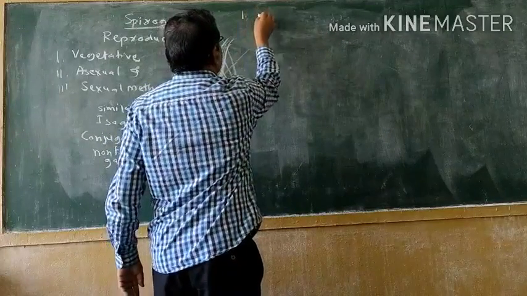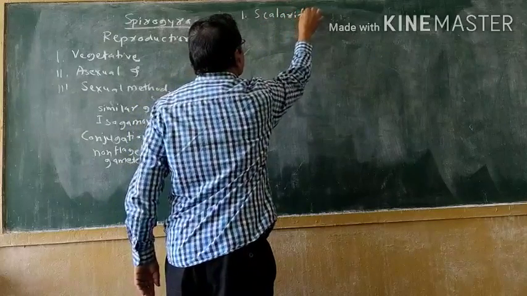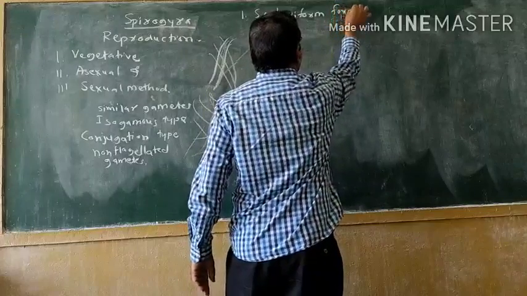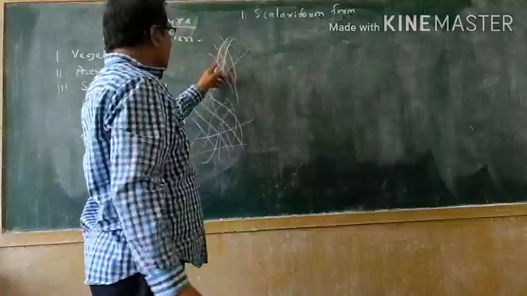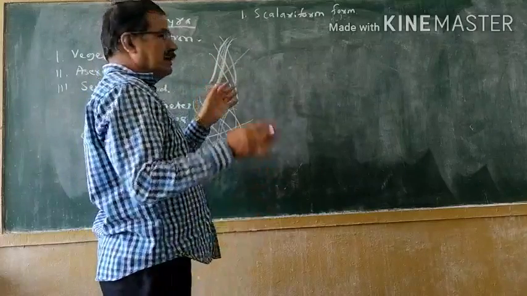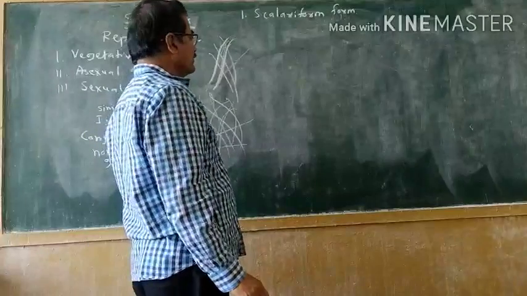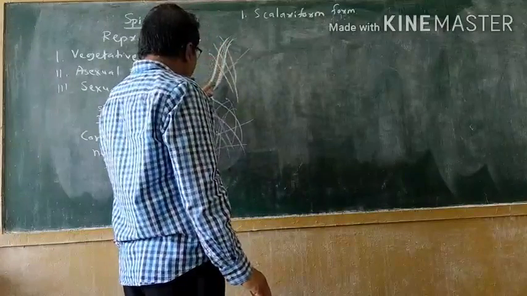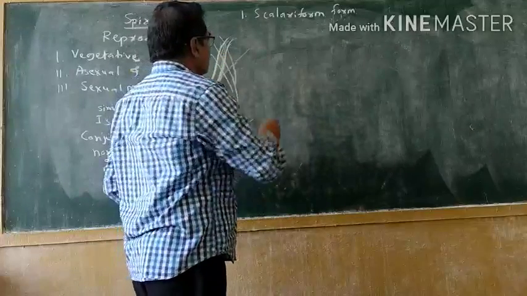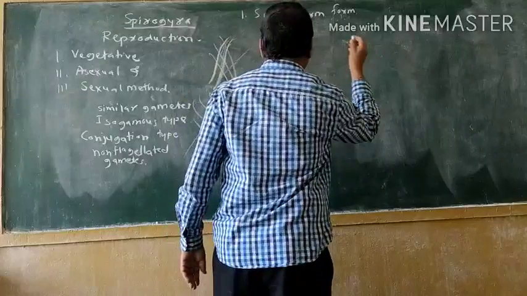One is the scalariform. Here, in the scalariform, the two filaments which are nearer to each other come together and take part in the reproduction. Suppose this one filament and this one, of similar length, come close together.